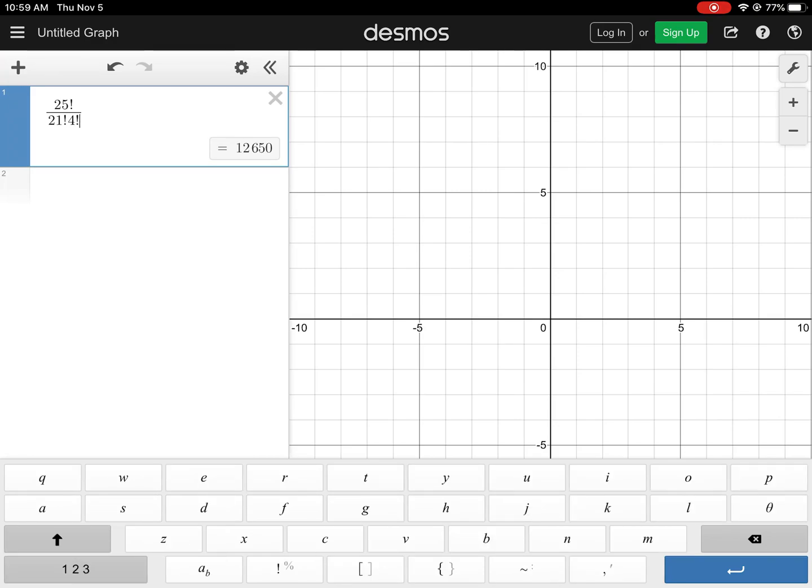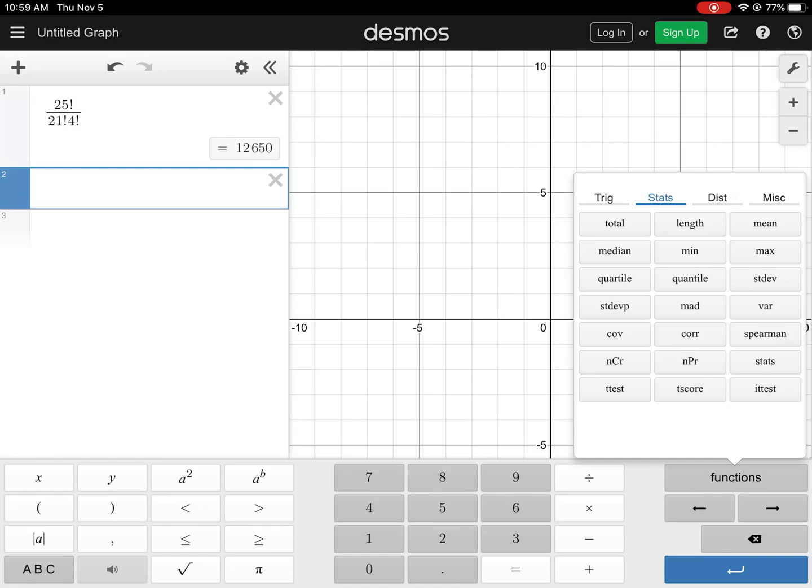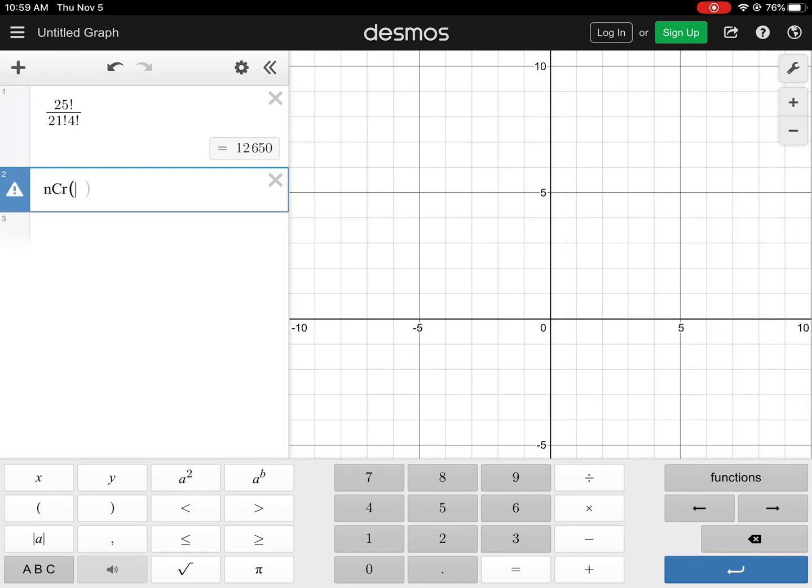That's 12,650. What you can also do is go over to functions, hit nCr, and it's 25 choose 4, and you get the same result.